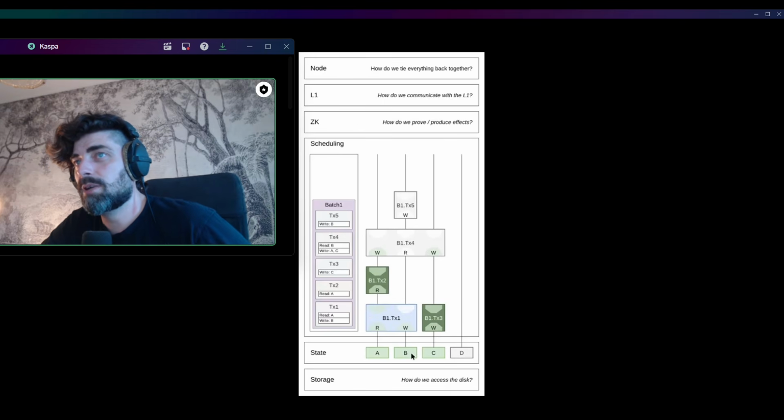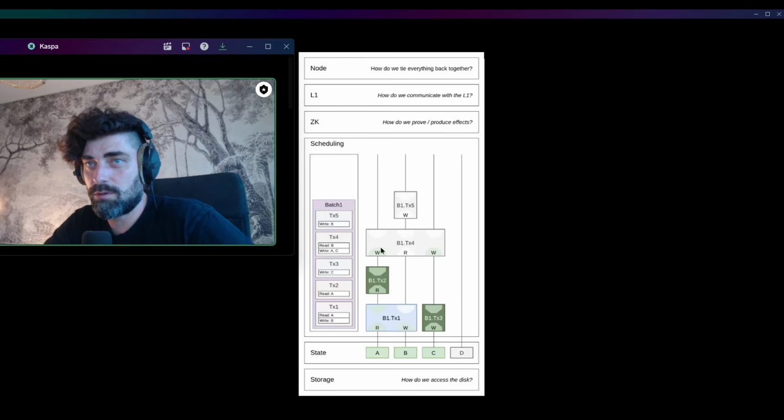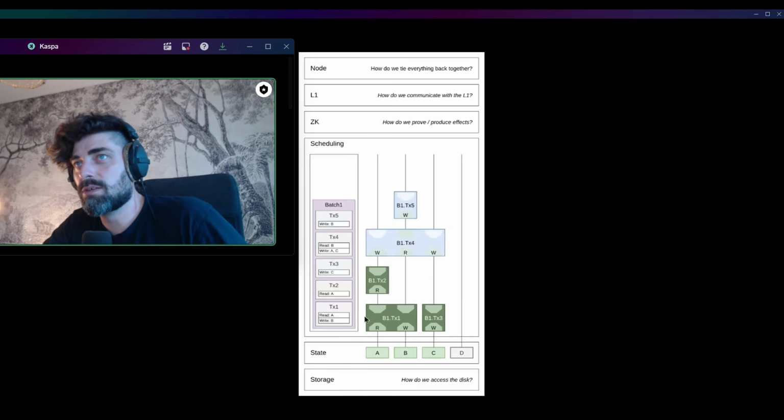And then the next step, let's say this one becomes available. The transaction now has all of its dependencies green. It starts executing. The other one's finished, and they populate the inputs of the next transactions. And then they continue to execute. As soon as this one is available, the third input becomes available, and this one starts to execute, and this one starts to execute. And so now all of the transactions are running.